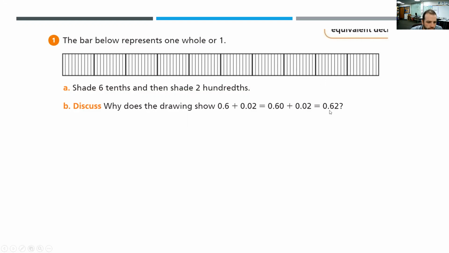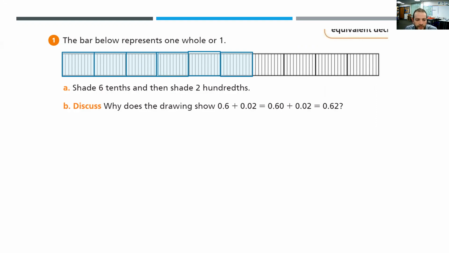And it says shade 6/10. Okay, 1, 2, 3, 4, 5, 6. There's 6/10. You can see 6/10 is also the exact same thing as 60 hundredths, because the little tiny squares are hundredths because it's broken into 100 of them to make up the whole, and then the big ones are tenths because there's 10 of those big boxes that make the whole, and there's 10 hundredths in a tenth.